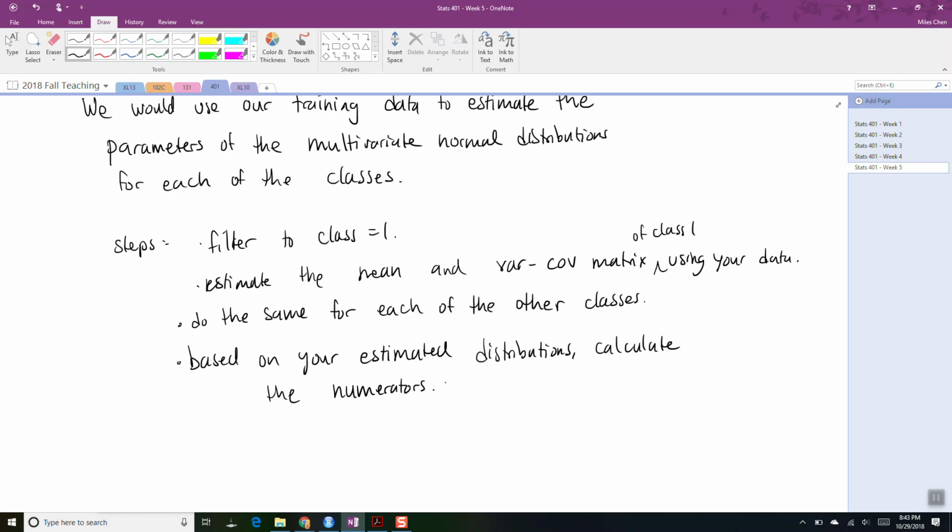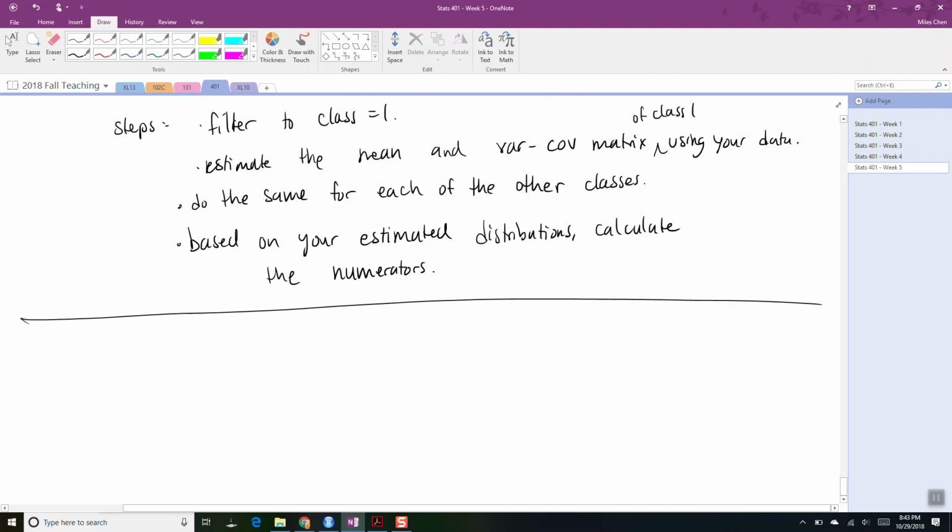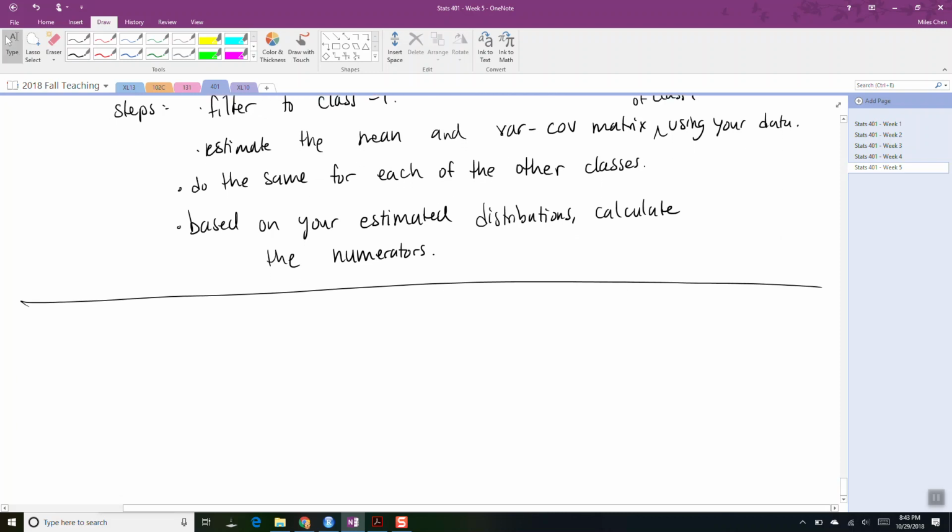All right, so this is Bayesian classification for multivariate stuff. Now we have what's called the naive Bayes classifier, which is a modification of this multivariate Bayesian approach. The reason we call it naive Bayes is that we just assume each x variable is independent of the others.